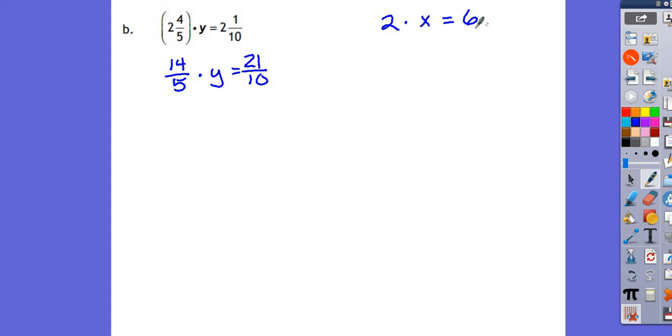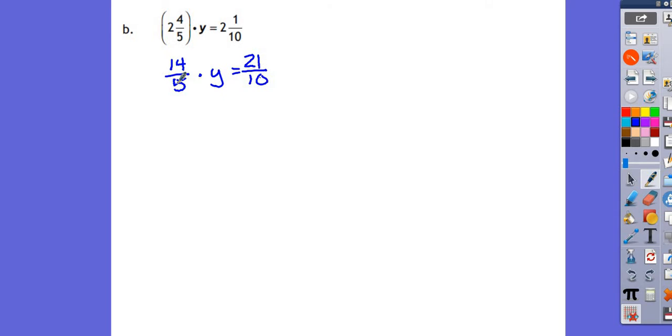How do I end up getting that? What you're really doing is you're saying this number divided by 2 gives me 3. So that means 2 times 3 is going to give me 6. So I know I need to divide this number by this number. Okay, so this problem had nothing to do with it. I just used it to help my brain think.